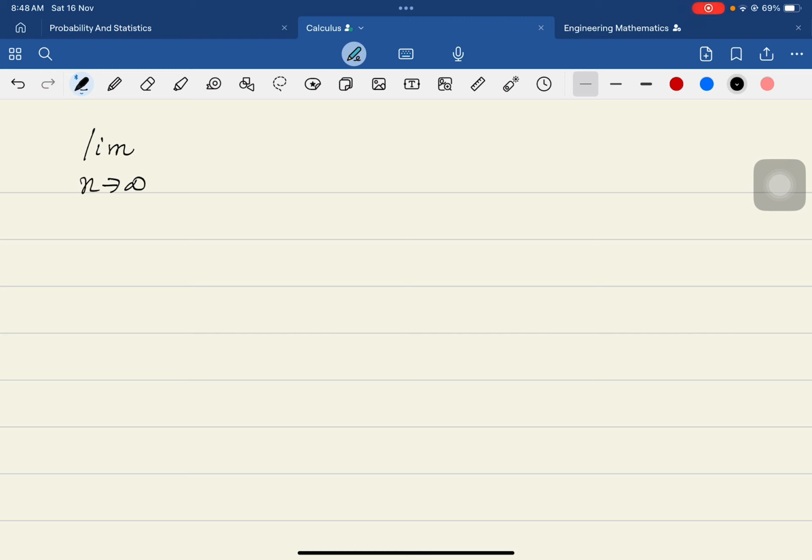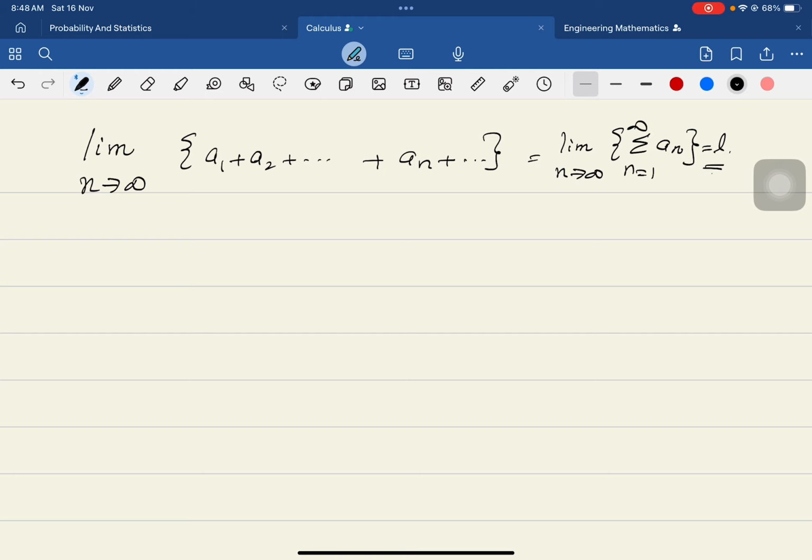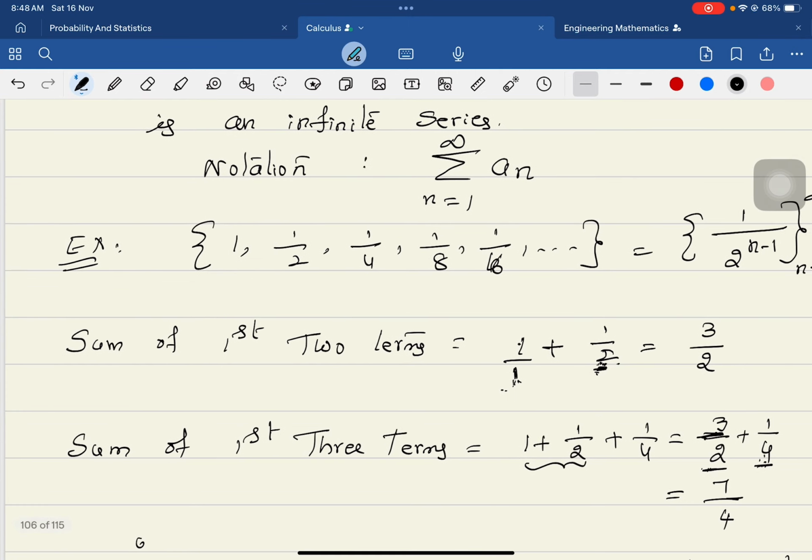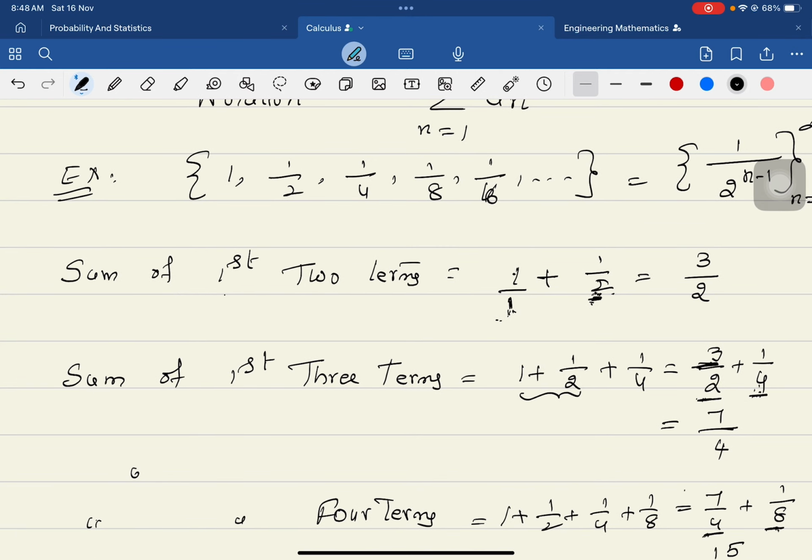As n is going to infinity, you can say that the sum of the numbers, that means a1 plus a2 plus an and so on, is also the limit as n tends to infinity of sigma n equal to 1 to infinity, let us say, that will be equal to L. But when it happens for this, what we have done in the previous example, I will explain you now. When I write the sum of the first 2 terms, I call this my first partial sum.